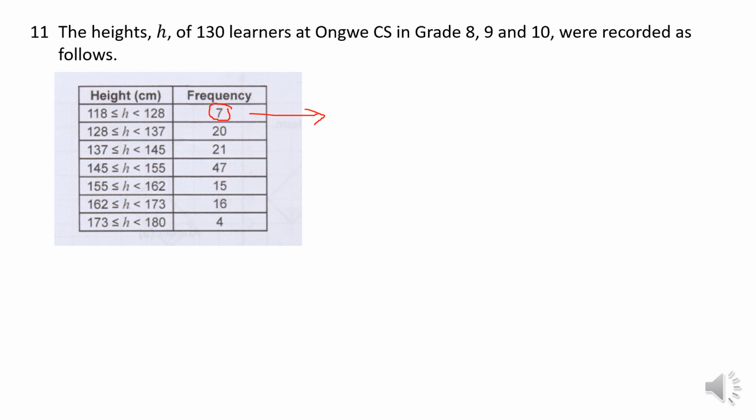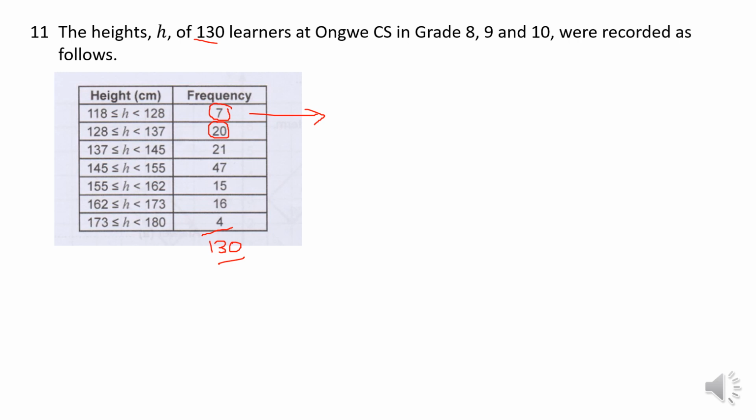So 7 learners have heights in that category. 20 learners here have heights between 128 and 137, and so on. If you add all these learners together, the frequency, the number of learners should be 130. It should match the information given.